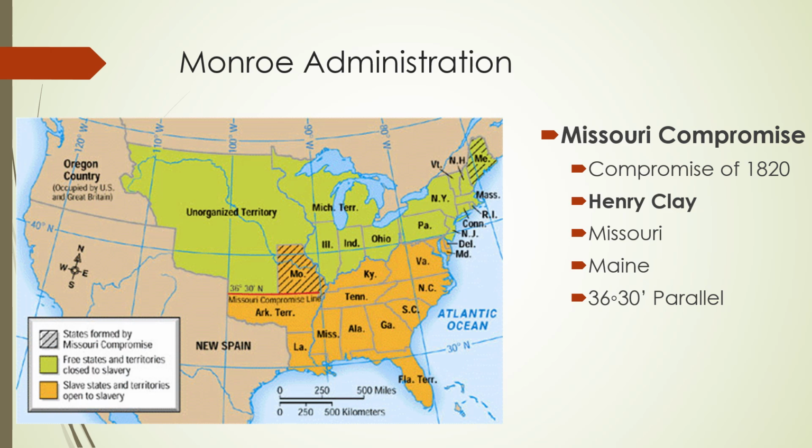I mean, it's right there. Is it a southern state? Is it a northern state? Who knows? People still argue that today. But the point is, Missouri wants to be a state. And so the question becomes, if Missouri is a state, will it allow slavery or will it not allow slavery?